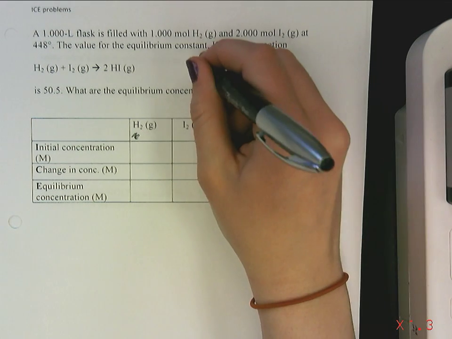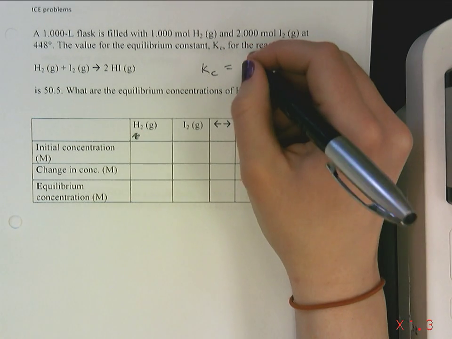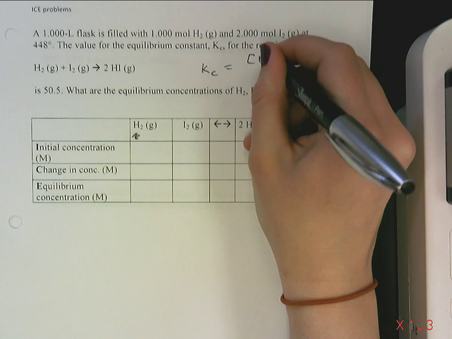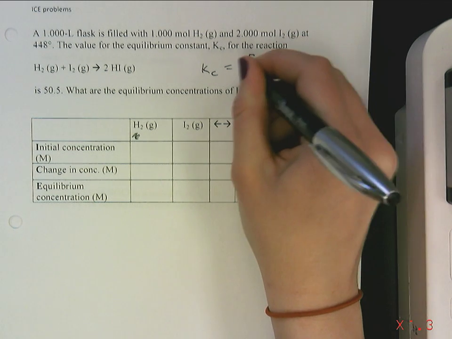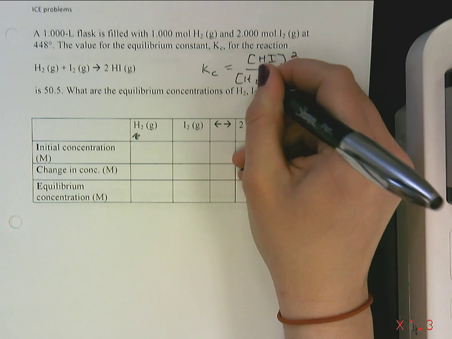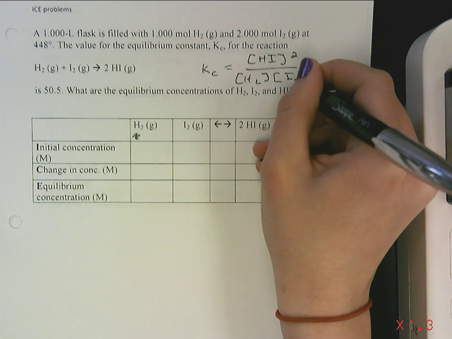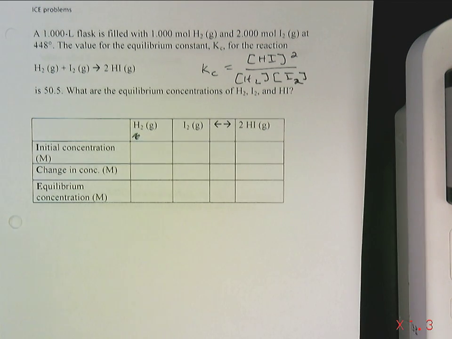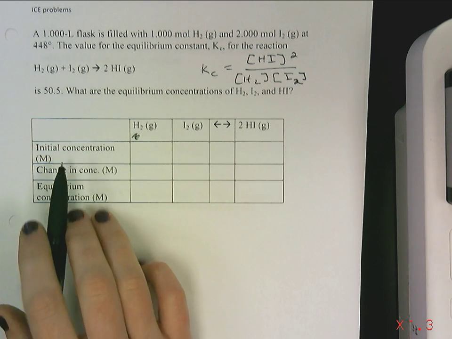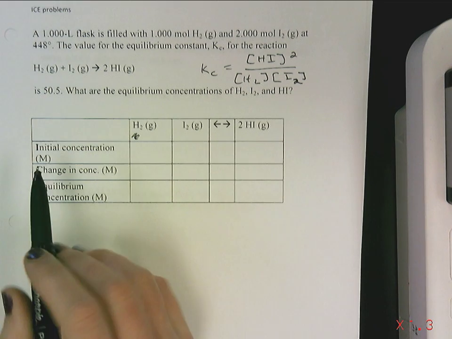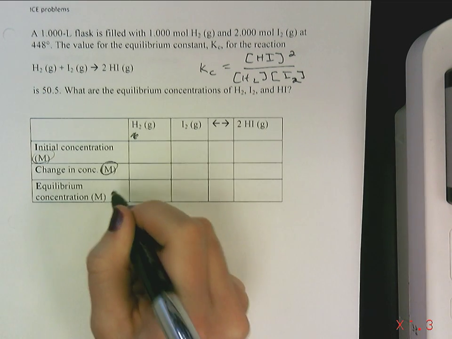I'm always going to probably start by writing out my equilibrium expression, products over reactants. Okay. And then I'm going to start by doing my ICE problem. In this case, remember, we need to look at the concentrations.